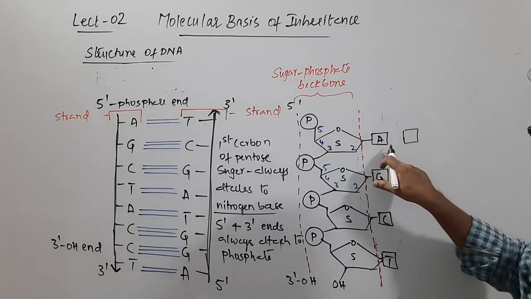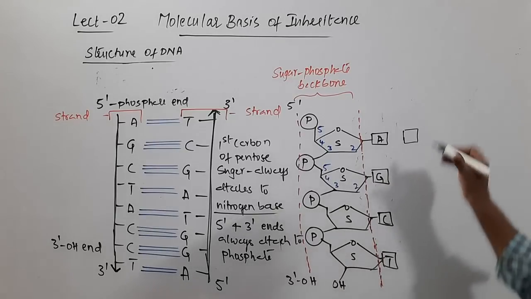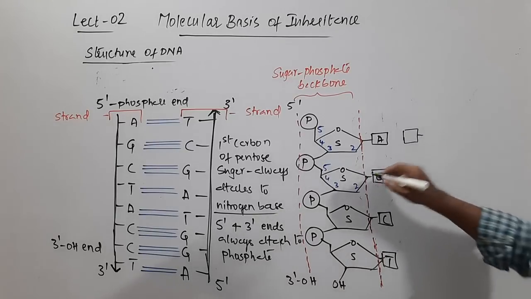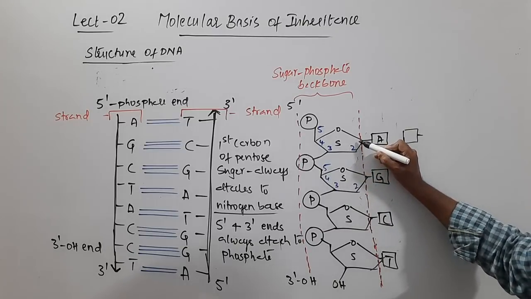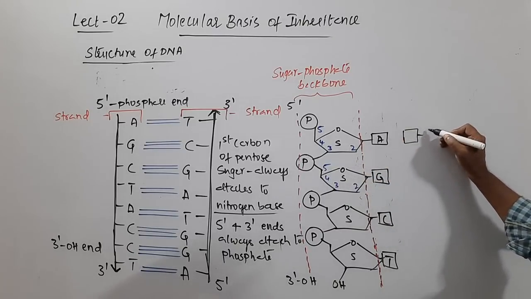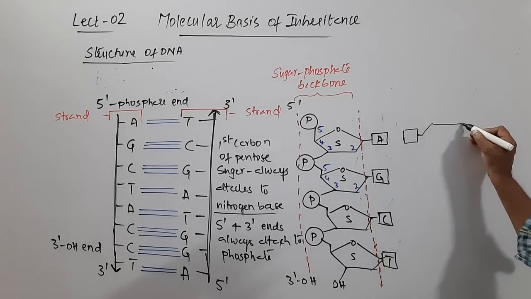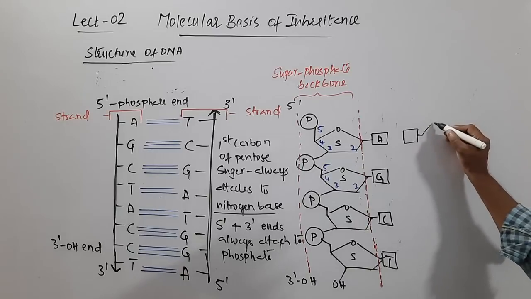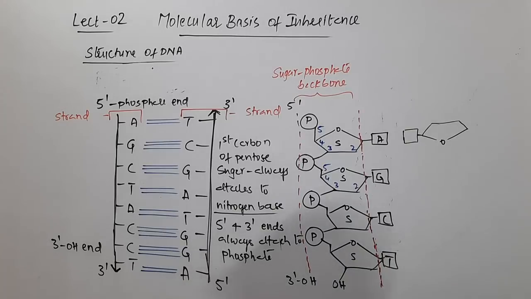Here I have taken it so that the two nitrogen bases come face to face. I told you that the nitrogen base always attaches at the first carbon, so for that reason I need to take the pentose sugar in the inverted form.